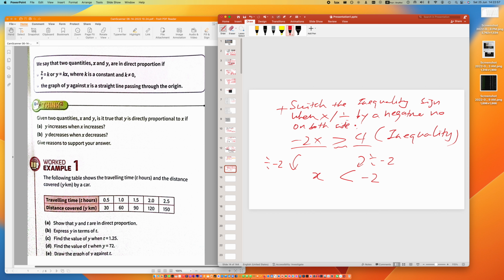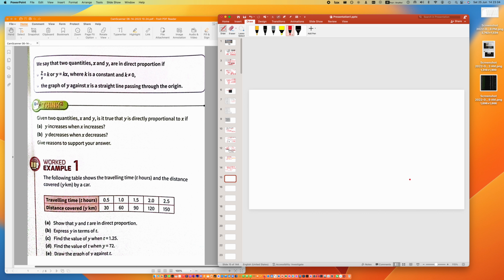So you have to remember this statement when it comes to inequality. So what's the statement? The inequality sign must switch if you multiply or divide by a negative number on both sides.